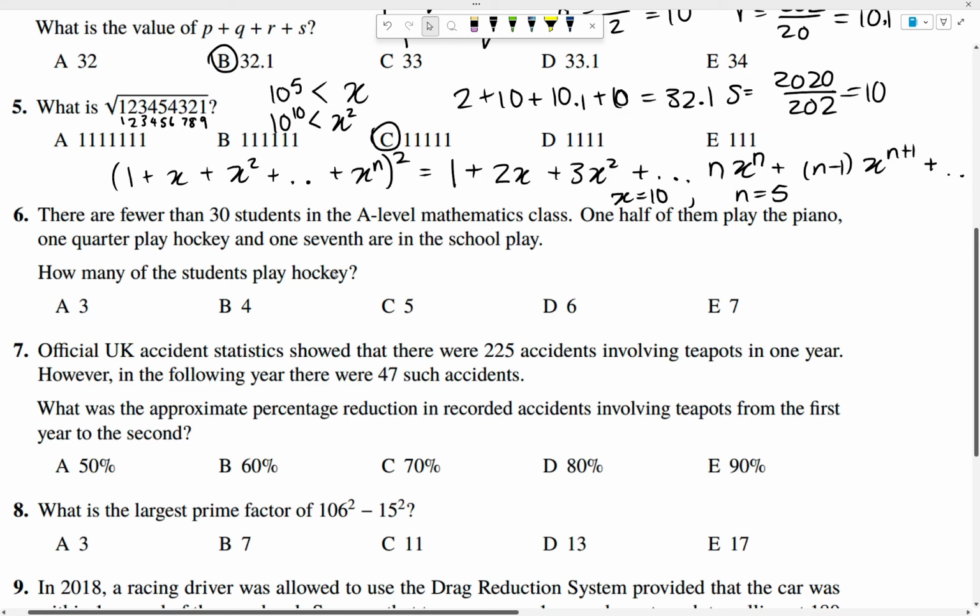So if we have X students in the class and a quarter of them play hockey and a seventh of them play in the school play, then we know that X is both divisible by 4 and divisible by 7. Otherwise, those numbers would not be integers. And the smallest number which is both divisible by 4 and 7 is 28. So if we find a quarter of 28, we'll get 7.